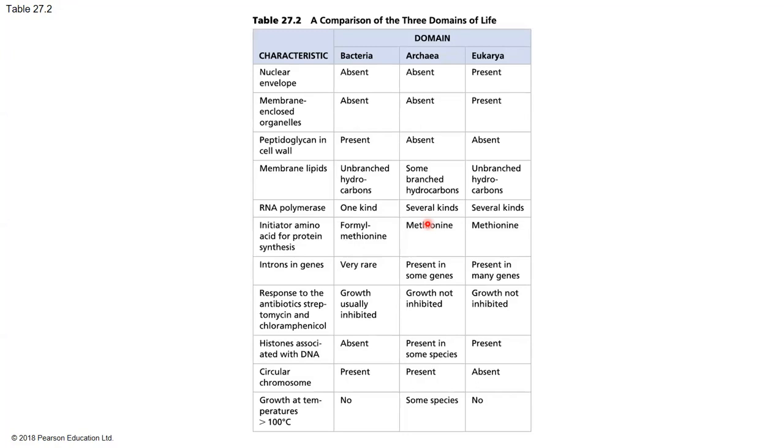This table compares between bacteria, archaea, and eukaryotes or eukaryotic cells in terms of many characteristics. So as you can see, some of these characteristics are shared between bacteria and archaea, like the absence of nuclear envelope, the absence of membrane-bound organelles. But some other characteristics are shared between archaea and eukaryotes, like the absence of peptidoglycan cell wall. Okay.